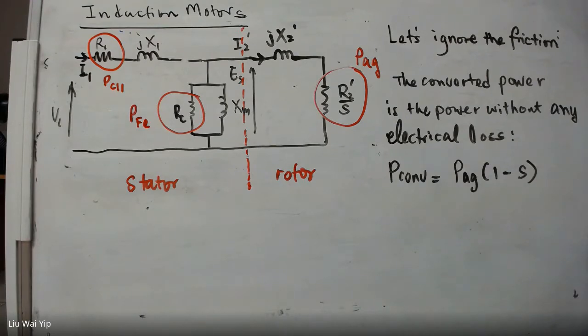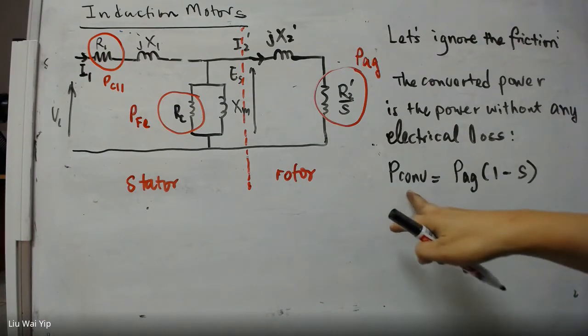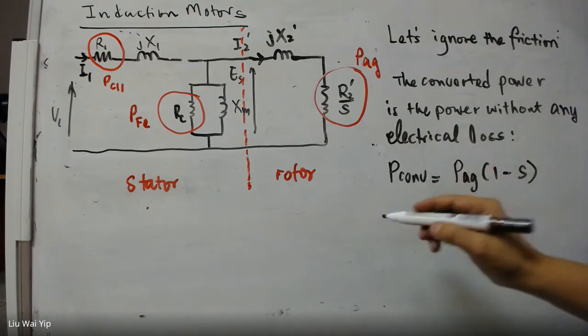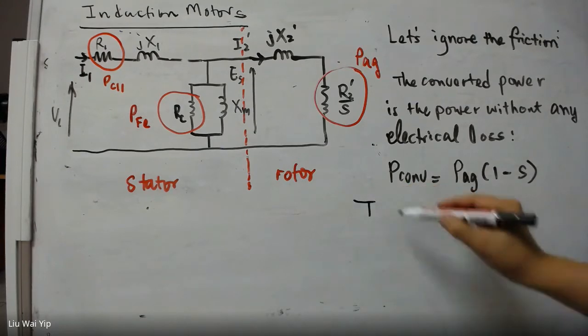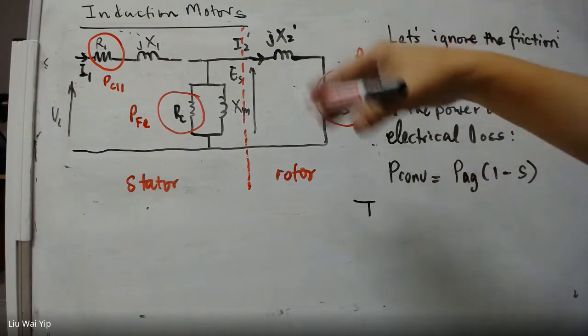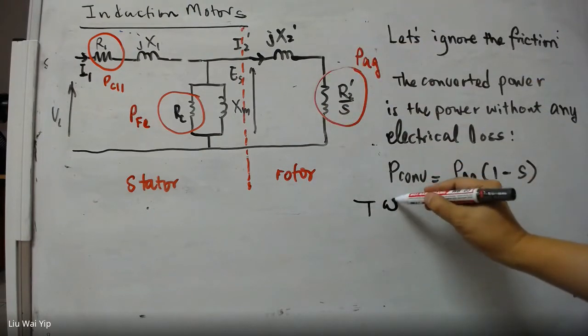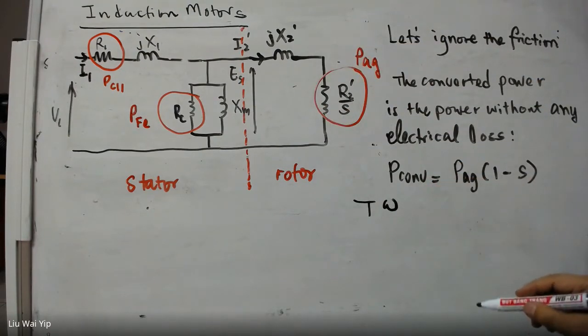The mechanical action includes the torque. As we know, the power is given by the torque times omega, the angular speed for the rotor.